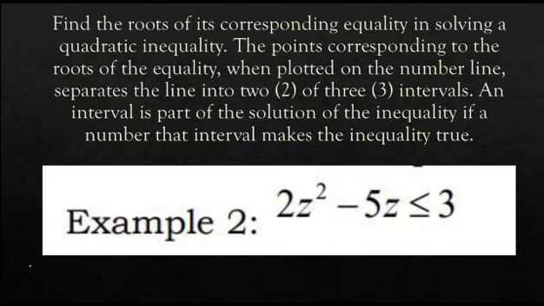So this is now 2z squared minus 5z. Lipat natin tong 3 dito sa kabila. We have minus 3 less than or equal to 0. Tapos tsaka natin gawing quadratic equation. So to do that, we have 2z squared minus 5z minus 3 equal to 0.